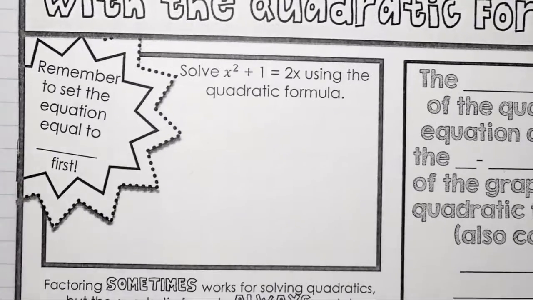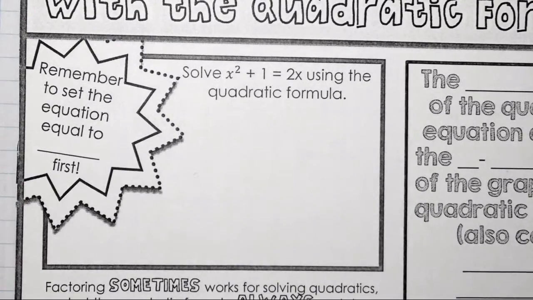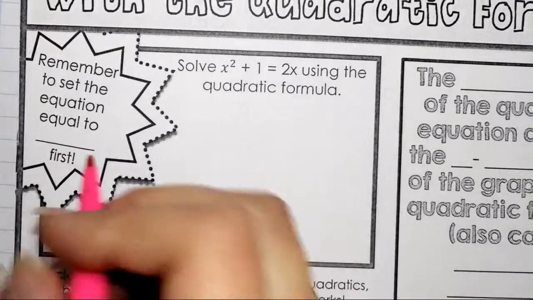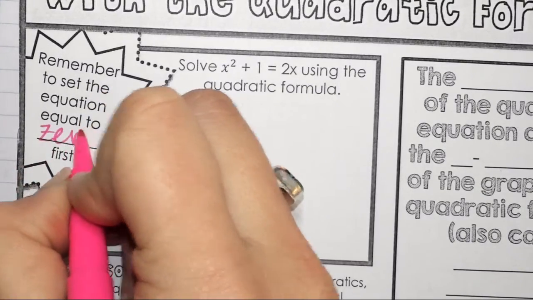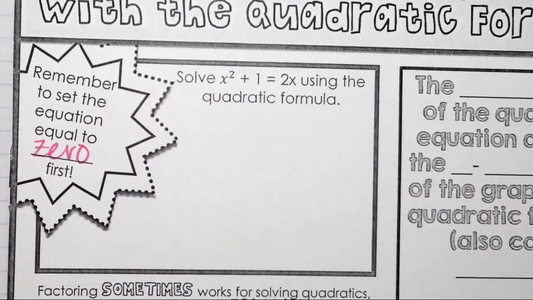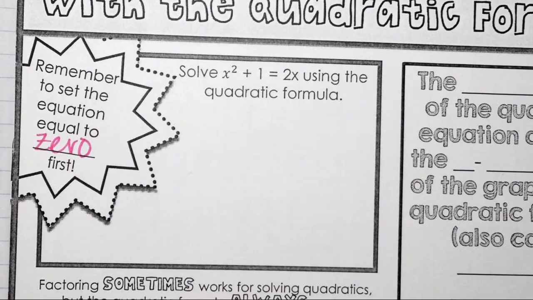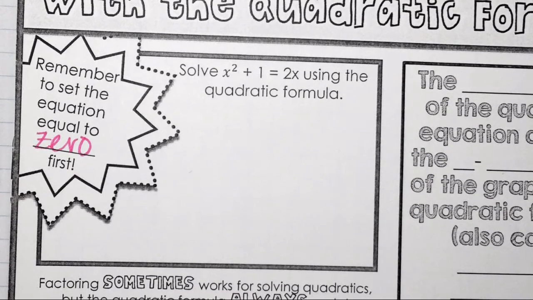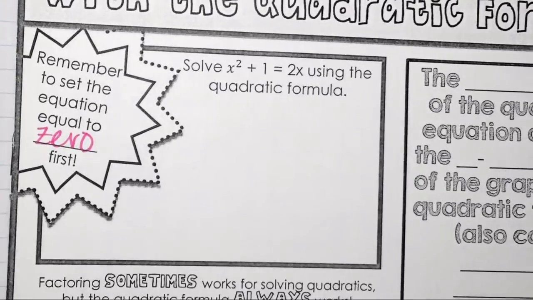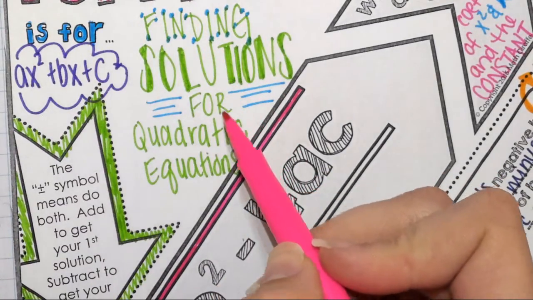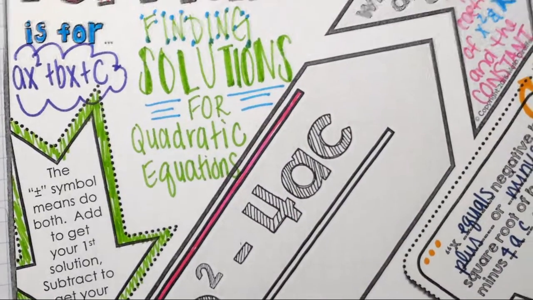Alright, remember, you must set the equation equal to what first? 0. So what are we finding whenever we solve these? Solutions to the quadratic equation. Thank you.